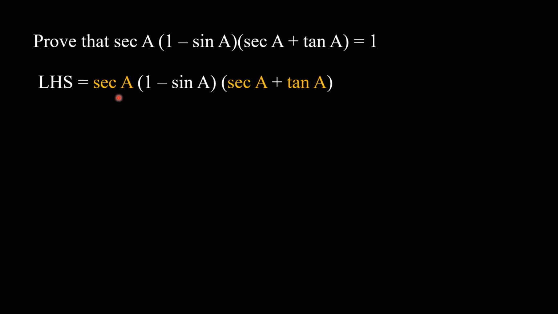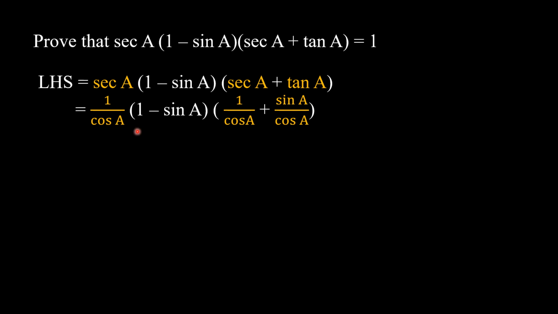So in the left hand side we will write sec A as 1 divided by cos A and tan A as sin A divided by cos A. So sec A we write 1 divided by cos A, and tan A sin A divided by cos A.